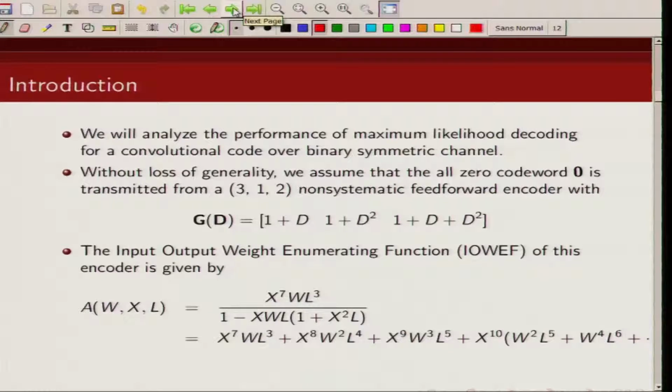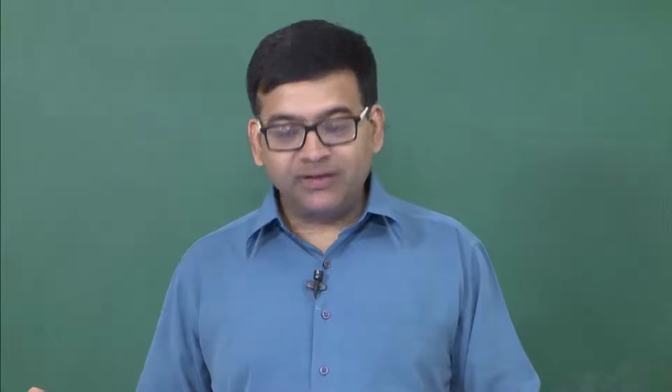Now, we would require one more concept which we discussed in lecture 2C, which is input output weight enumerating function. What does it tell us? It tells us what is the input that will cause a corresponding output, and what is the length of that particular sequence.